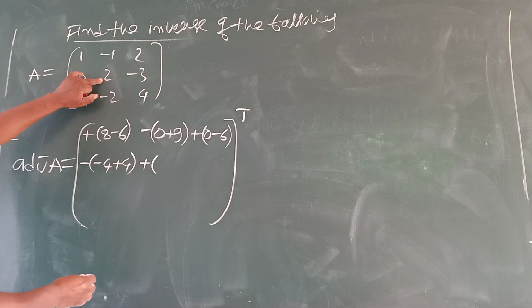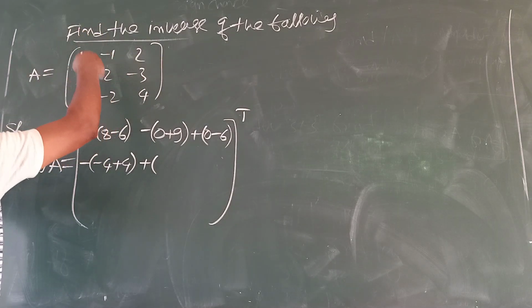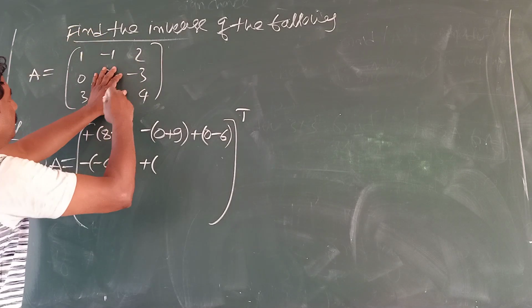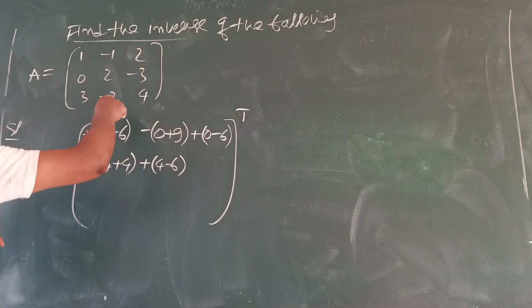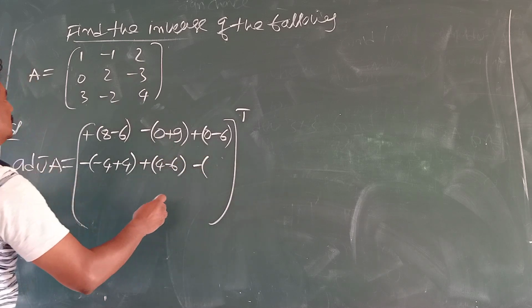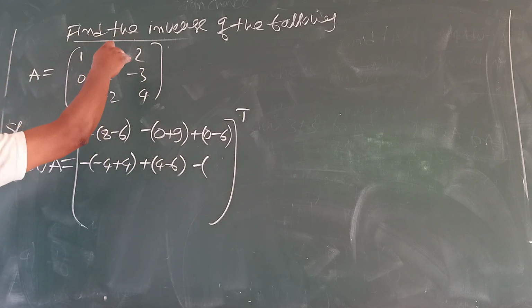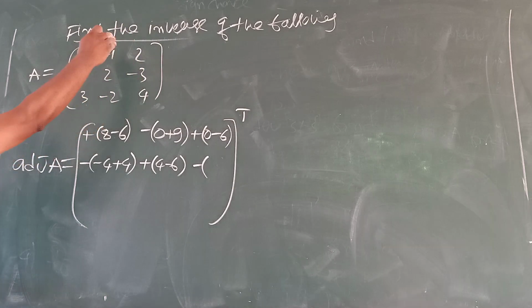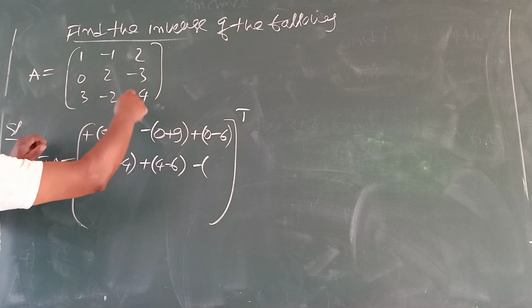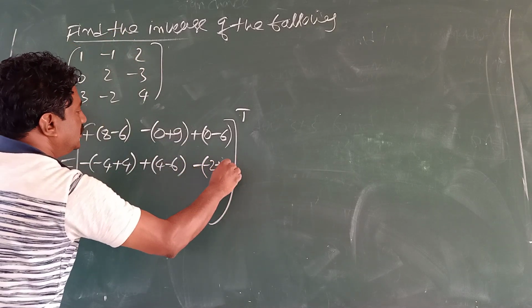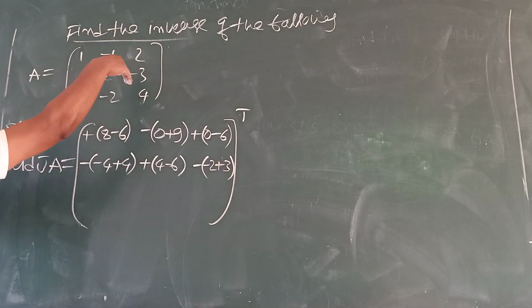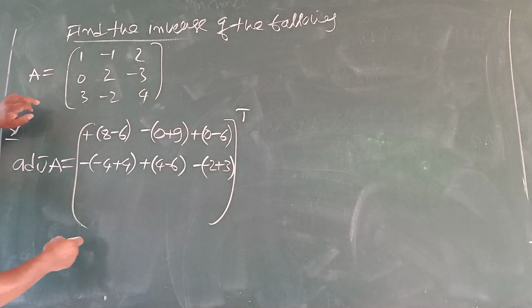Come to row column, minus 4 minus plus 4 plus. Come to this element, students. Column row 4 minus 6. Next come to this last element, minus 4 minus 6 minus, column row minus 2 plus 3.